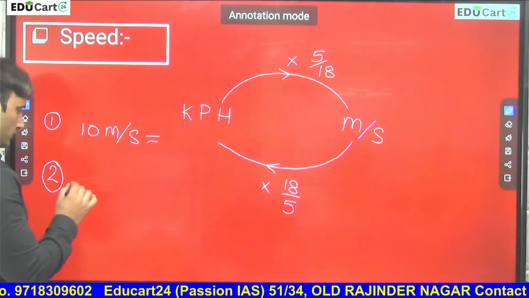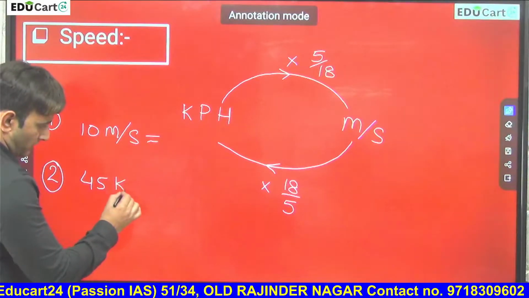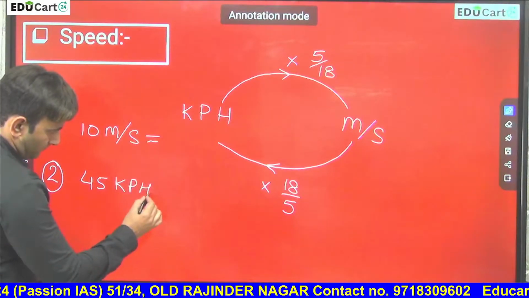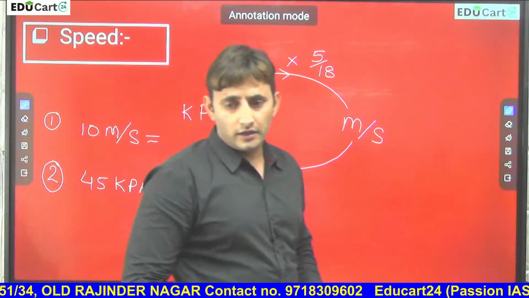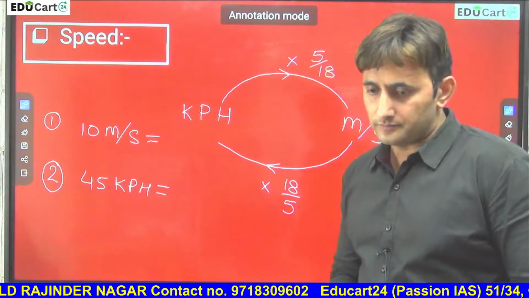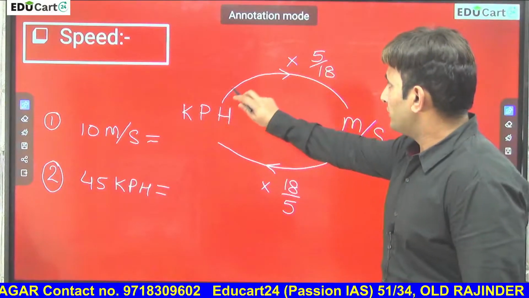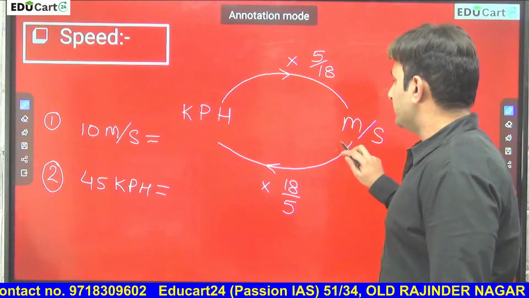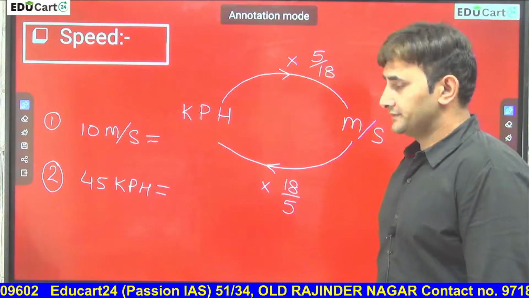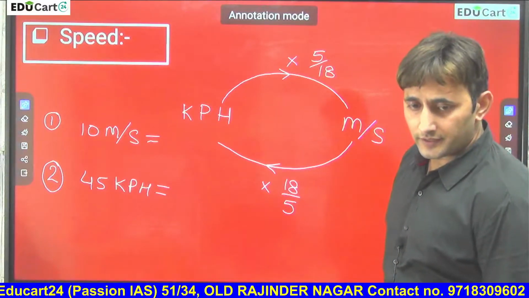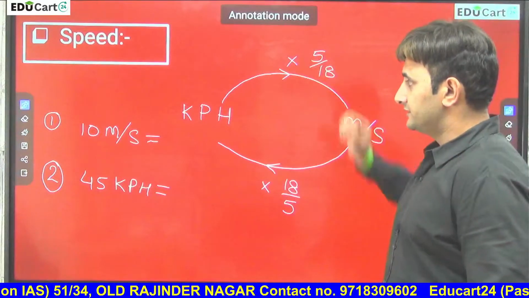Second question: 45 kilometer per hour, convert this into meter per second. Kilometer per hour to meter per second, multiply by 5 by 18. Meter per second to kilometer per hour, multiply by 18 by 5. Okay, quickly do this. Tell me the answers.